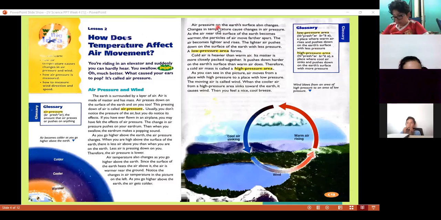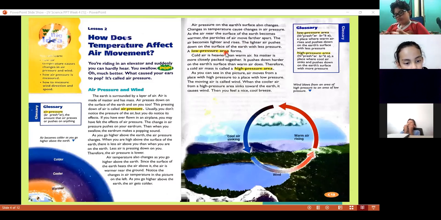Air pressure on the earth's surface also changes. A change in temperature causes a change in the air pressure. As the air near the surface of the earth becomes warm, the particles of the air move farther apart. The air becomes lighter. The lighter air pushes down on the surface of the earth with less pressure.